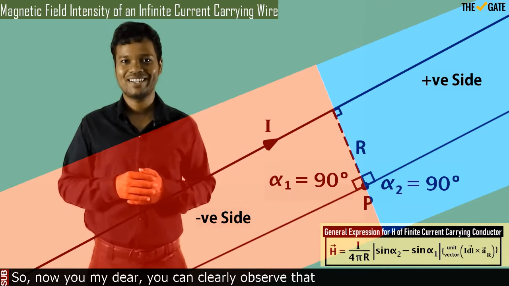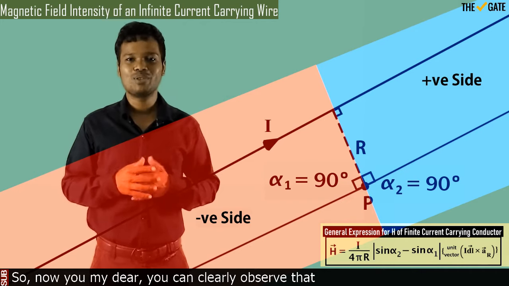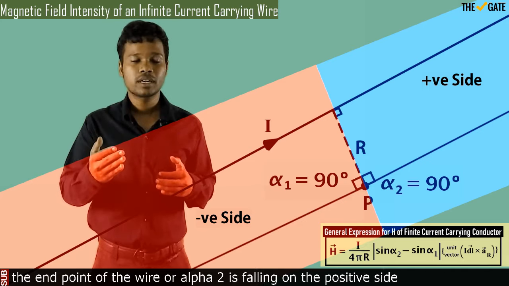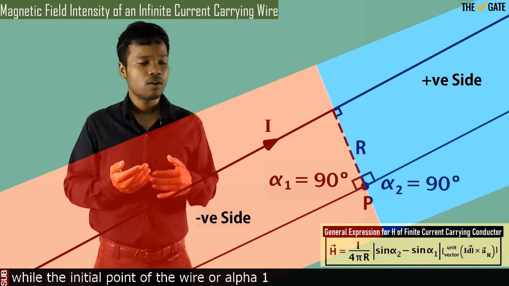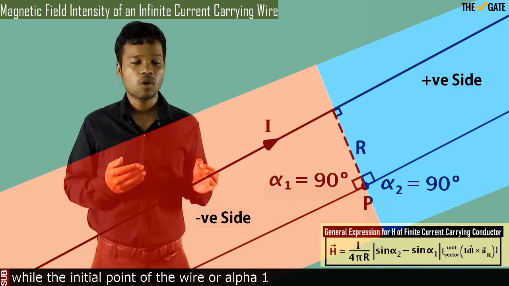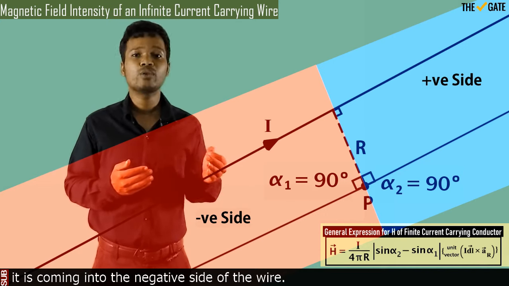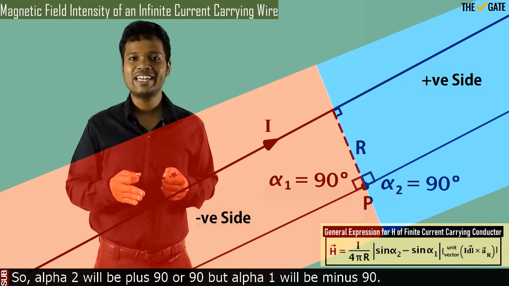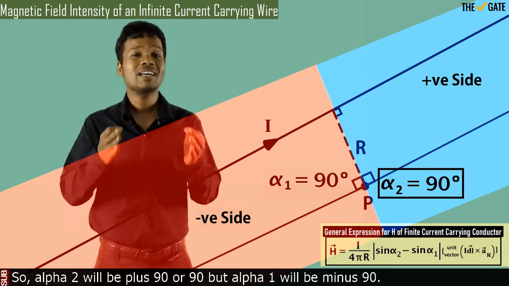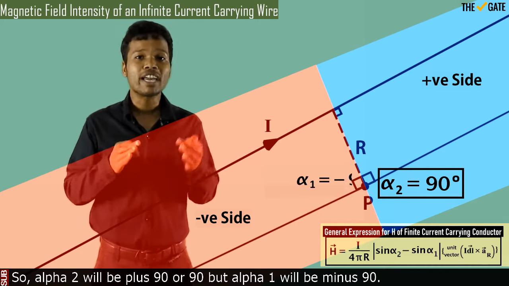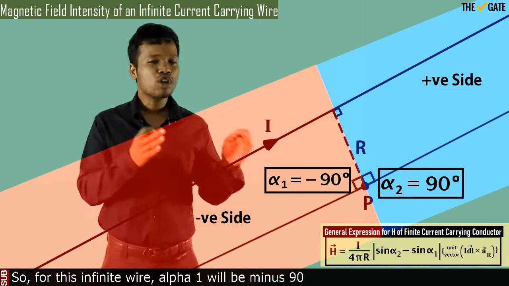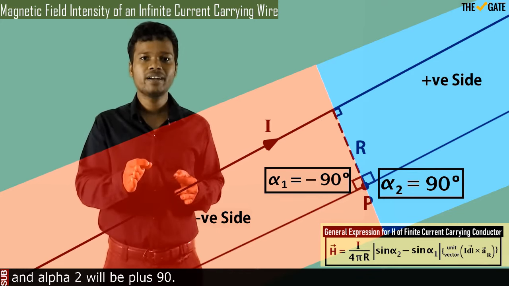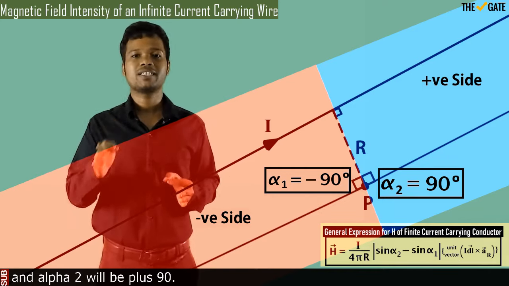So the end point of the wire, or alpha 2, is falling on the positive side, while the initial point of the wire, or alpha 1, is coming into the negative side. So alpha 2 will be plus 90, but alpha 1 will be minus 90. So for this infinite wire, alpha 1 will be minus 90 and alpha 2 will be plus 90.